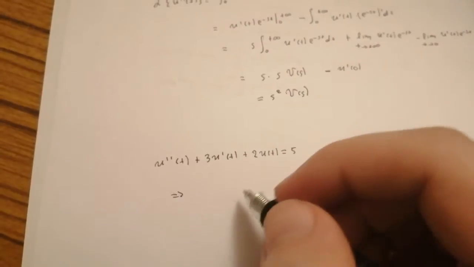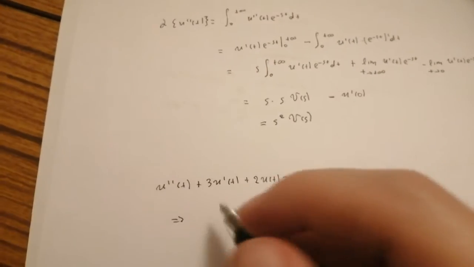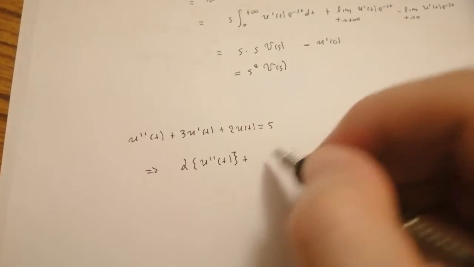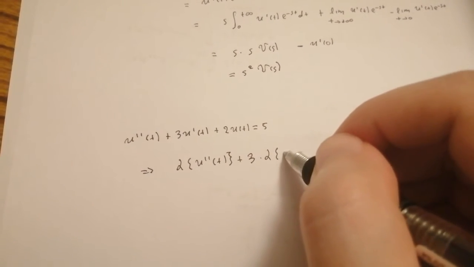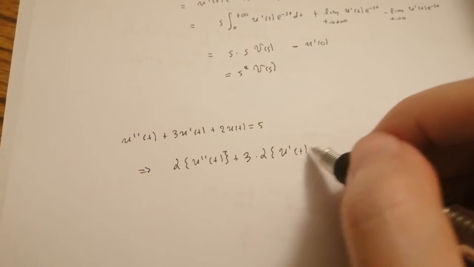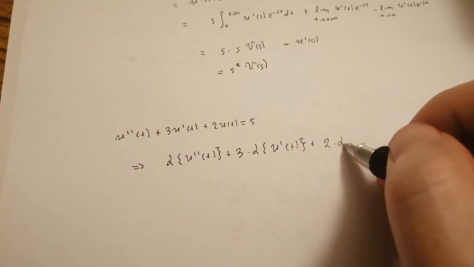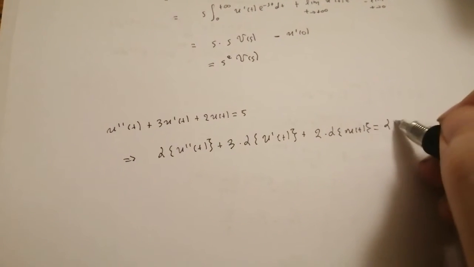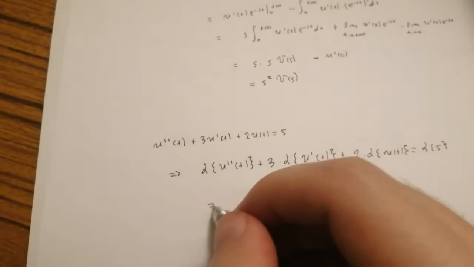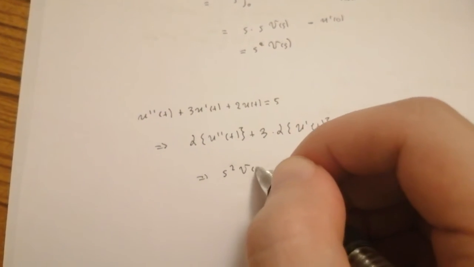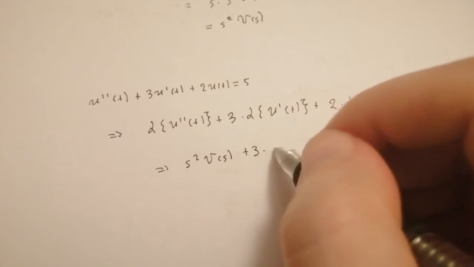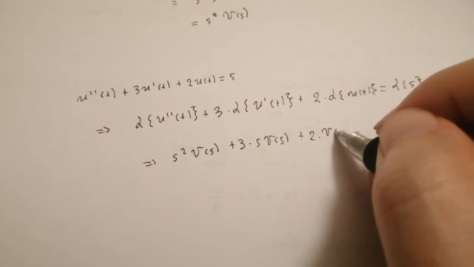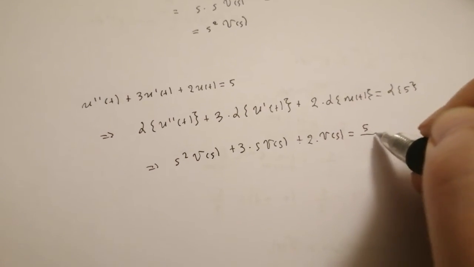It is a linear integral transform, so it should be the Laplace transform of u double prime of t, plus 3 times the Laplace transform of u prime, plus 2 times the Laplace transform of u of t, equal to the Laplace transform of 5. So this is s squared capital U of s plus 3 times s U of s plus 2 times U of s equal to 5 over s.